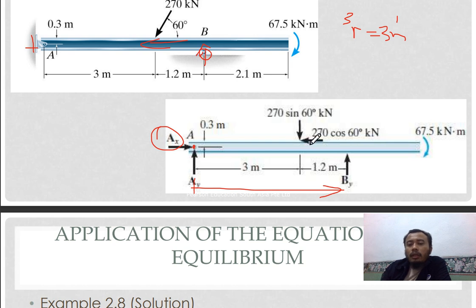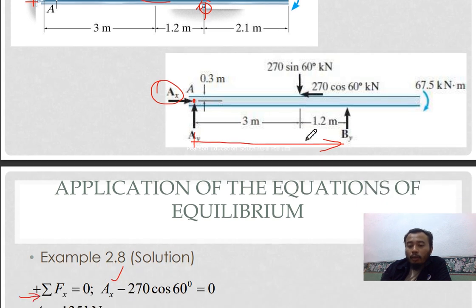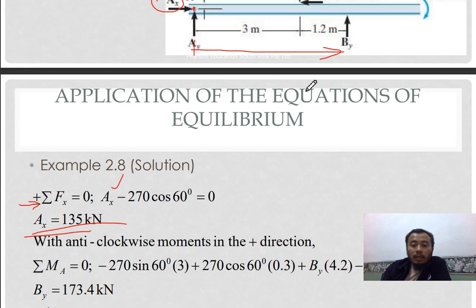And then this one here, you have a moment of 270 sin theta times 3 meters, which is the moment arm, and then the last one you have a moment of 67.5 kilonewton meter, which doesn't have any moment arm.